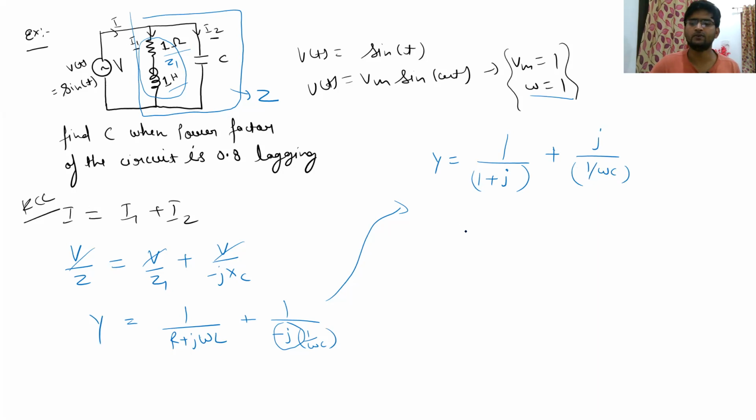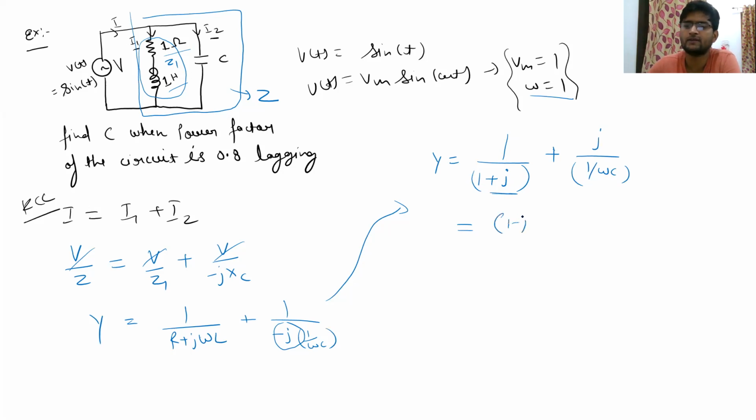So finally, since in the denominator here we have 1 plus J, if we want to take this complex term to the numerator, what we will do is multiply both numerator and denominator by the complex conjugate of 1 plus j. So let us multiply by 1 minus j.